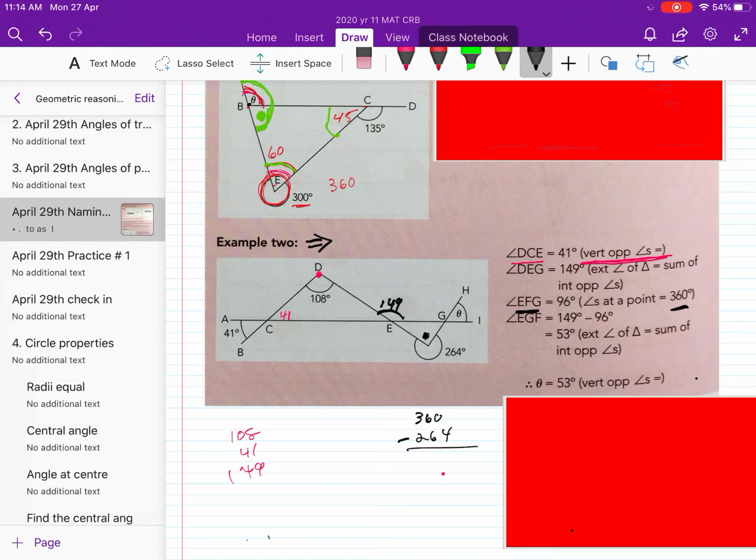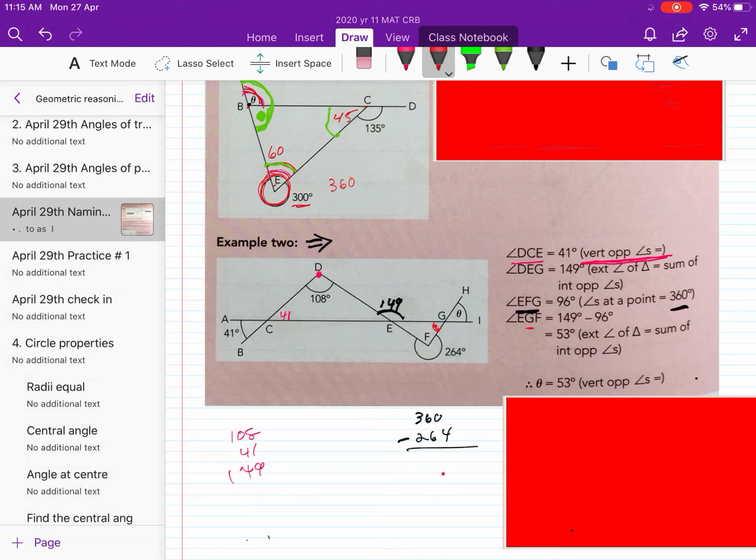This is F, by the way. EGF, this one. Remember that the middle letter is always where the vertex is. So EGF is going to be 149 minus 96.